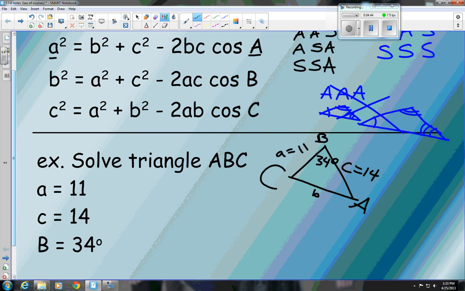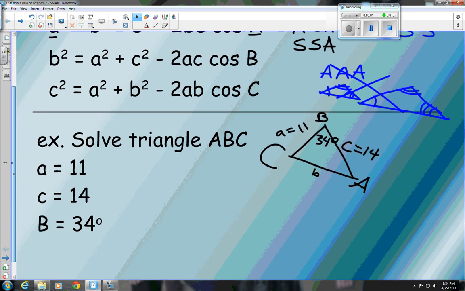Okay. So if your information is like this, where it's side, angle, side, the other way to check to see if it's side, angle, side, I have 3 different letters. It's going to be side, angle, side, if one of them's an angle.